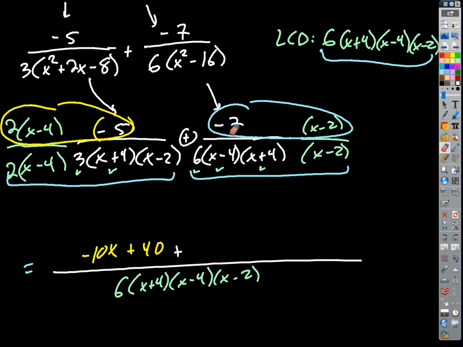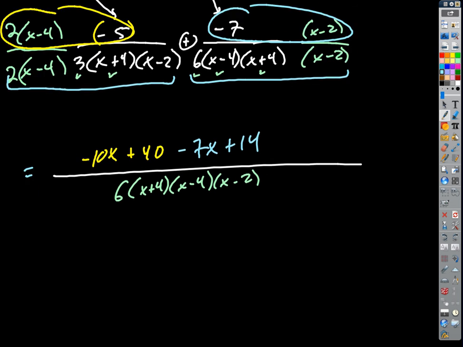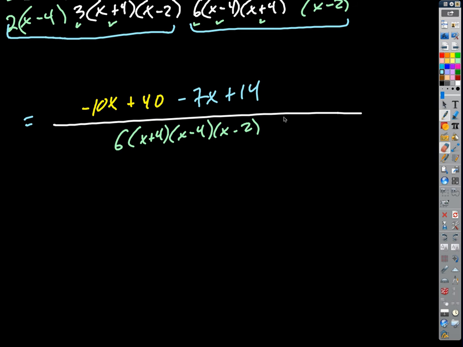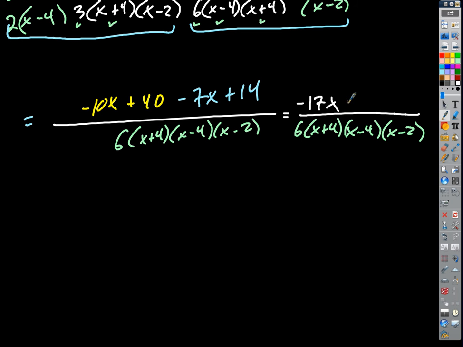So over here, we're gonna distribute the -7 to everything, which is gonna give us a minus 7x plus 14, right? And so if I combine like terms on the top, we're gonna get bottom, we already know, 6 times x plus 4 times x minus 4 times x minus 2. On the top, if I combine all that stuff, -10x minus 7x is minus 17x, and then 40 plus 14 is 54.